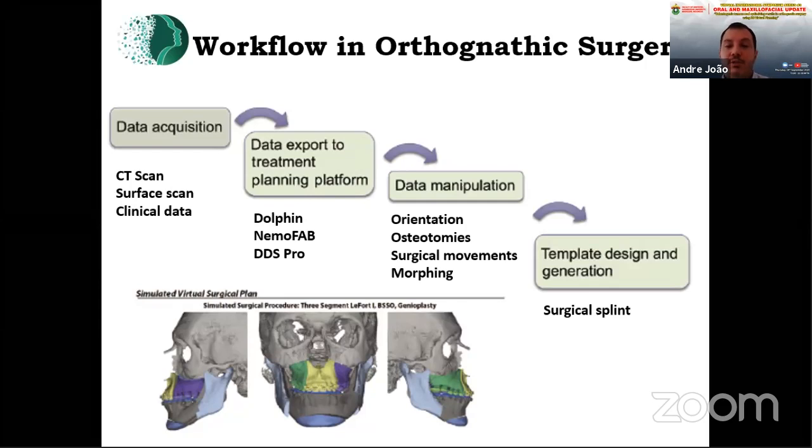What it means is we need to put the patient in natural head position, and it is a fundamental step to get a good result, because if you don't place the patient in a good position, your surgical plan is not going to be the best one.